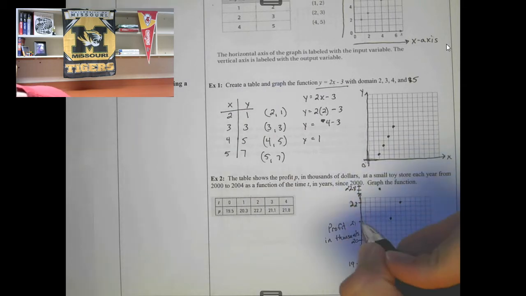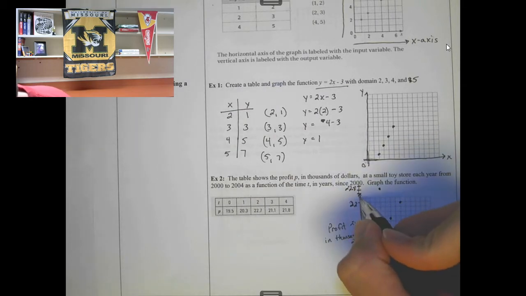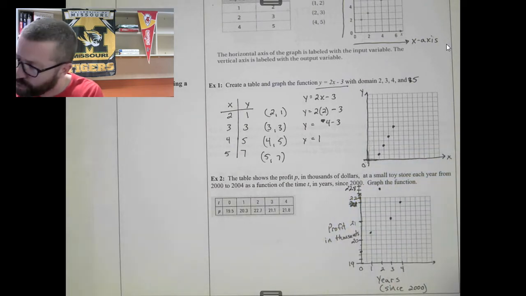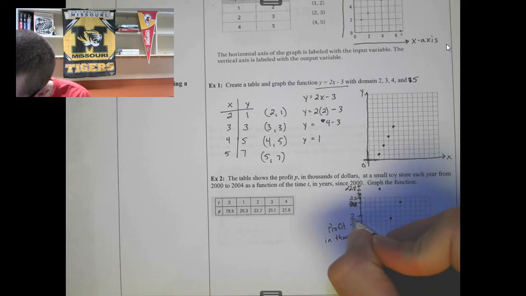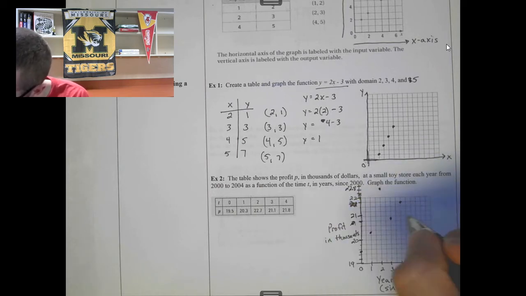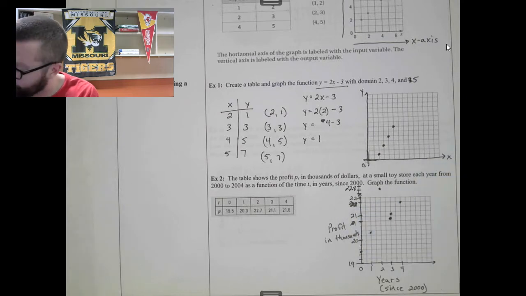This is 22. 22 is up here. Counted wrong on all of them. 2, 4, 6. This is 21 right here. So let's move that up to here.